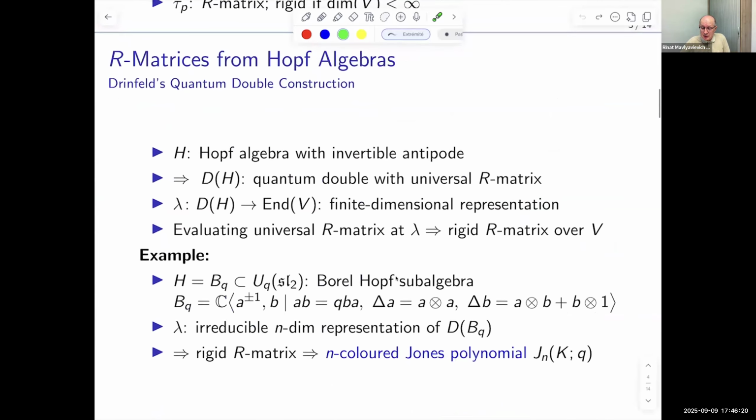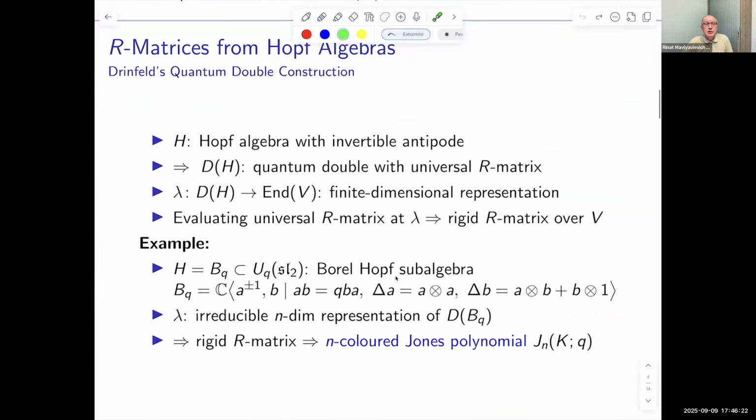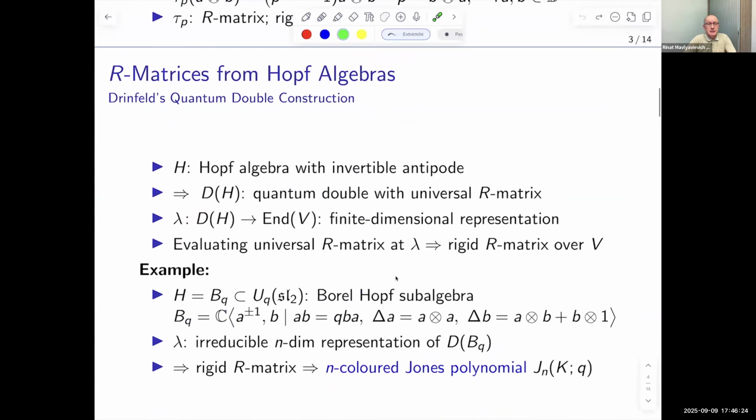Now, what is the standard approach to constructing R-matrices from Hopf algebras? It is a story called Drinfeld's quantum double construction. We start with a Hopf algebra with invertible antipode. Then there is a procedure called the quantum double construction, which gives another Hopf algebra denoted D(H), which has a universal R-matrix.